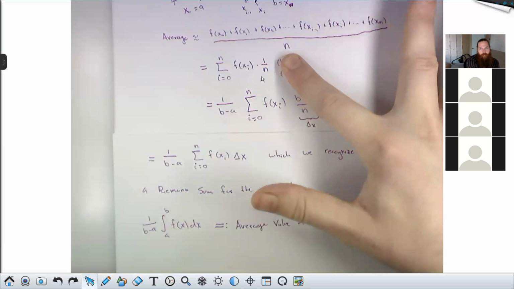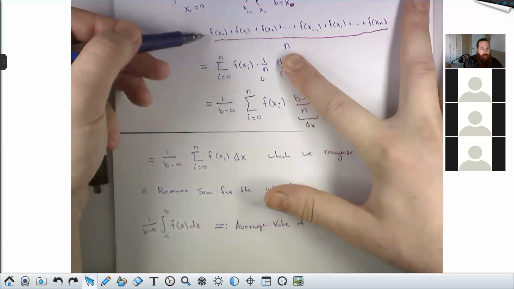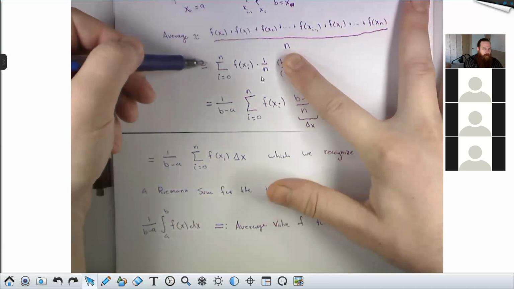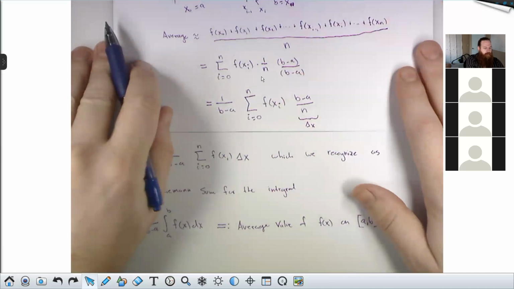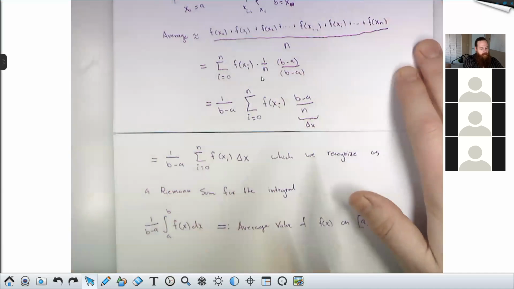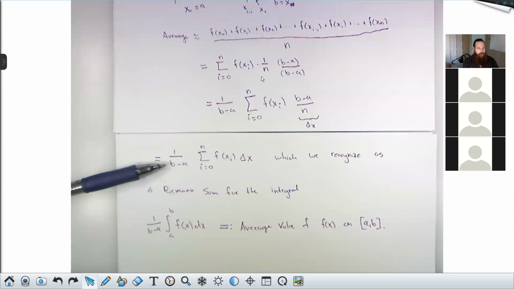So right now, we should be able to see that this line collapses into this when we write it in sigma notation. And then we multiplied and divided by b minus a because I wanted to introduce this delta x. Once we write it like this, that should jump out as a Riemann sum to us. It looks just like the Riemann sums for integrals that you learned about at the end of Calc 1.